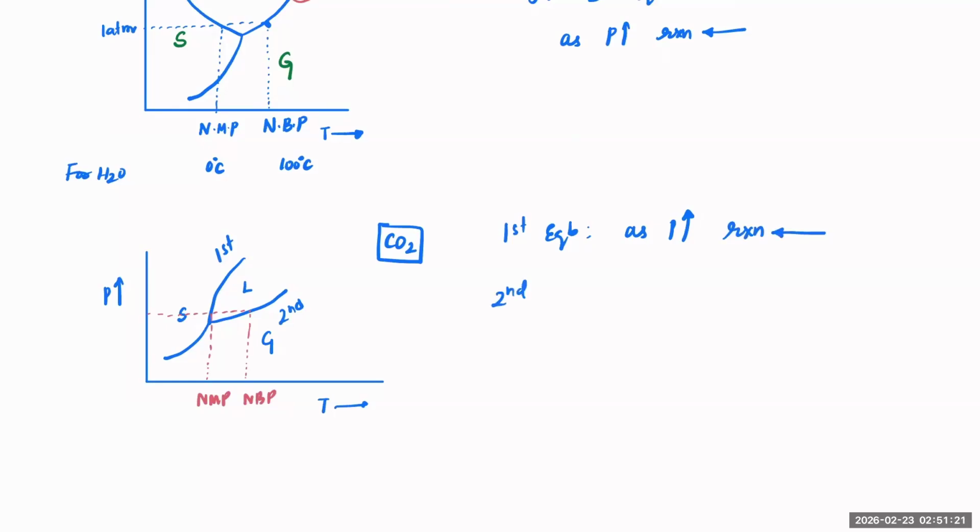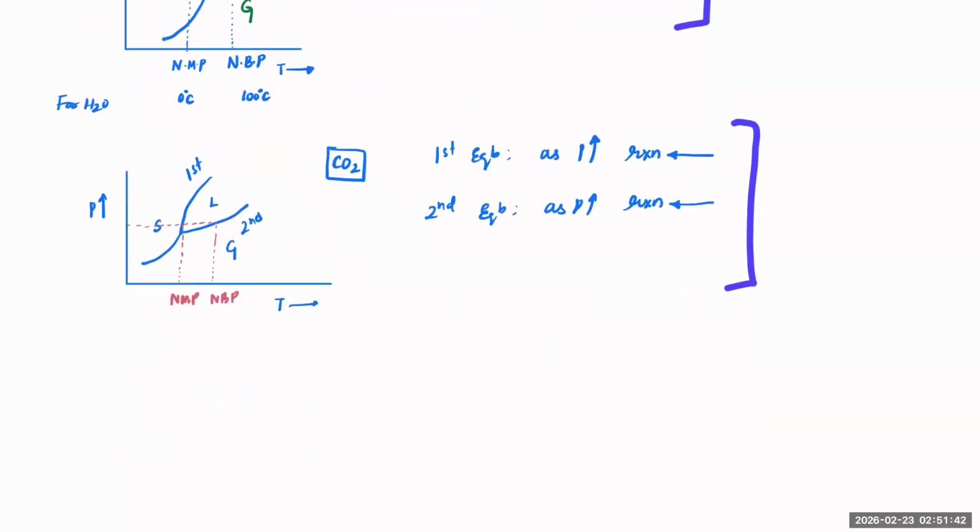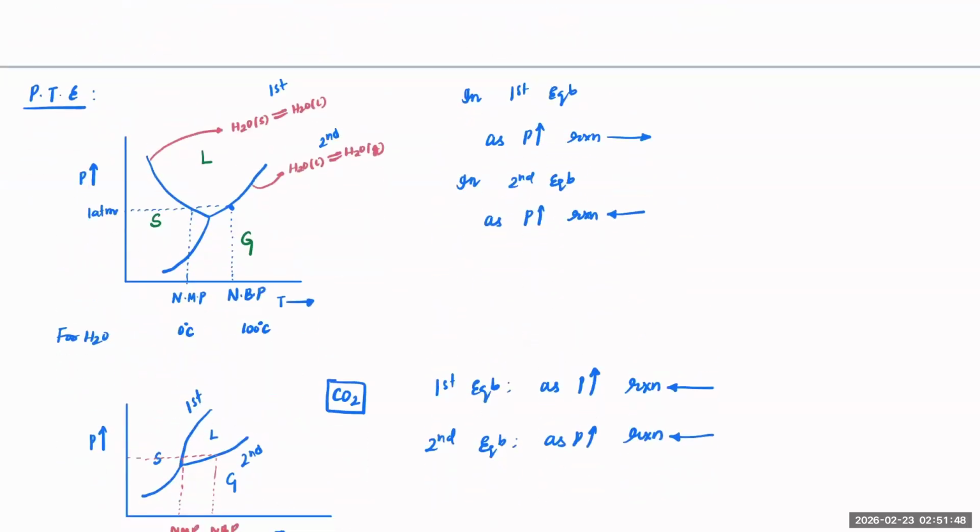And in the second equilibrium also, as pressure increases, the reaction will again move in the backward direction because you are going towards the liquid region only. So water is an abnormal case, everybody. Water is an abnormal case. Otherwise, the rest of all the compounds will have a behavior similar to that of carbon dioxide. Clear, everyone? So these are the physical equilibrium cases that you need to understand.